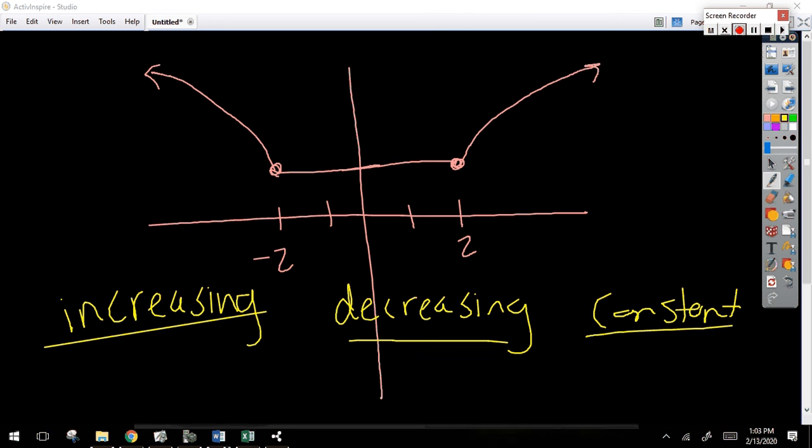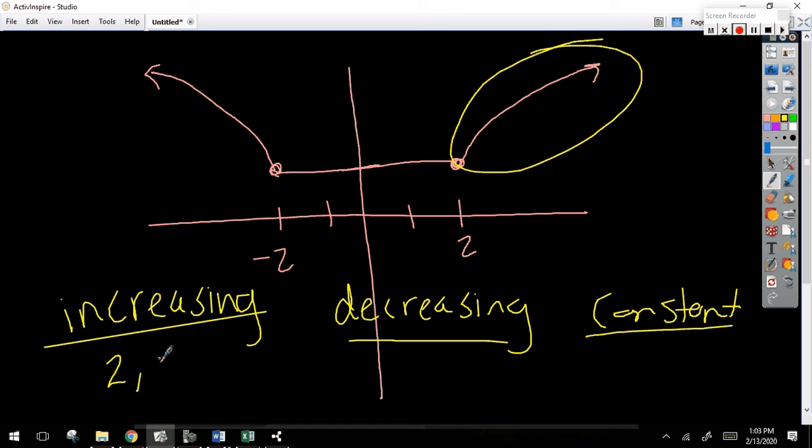All right, you tell me, where is it increasing? Where does it go up from left to right? Where? On the right side. So we all agree it's this part? Describe that interval. 2 to infinity. Where's it decreasing?